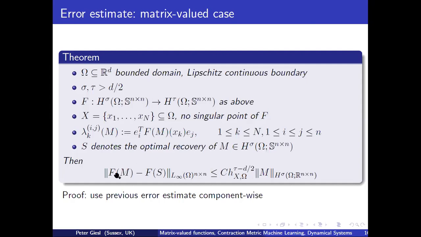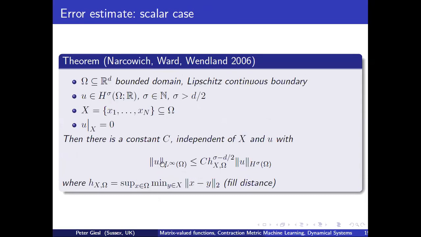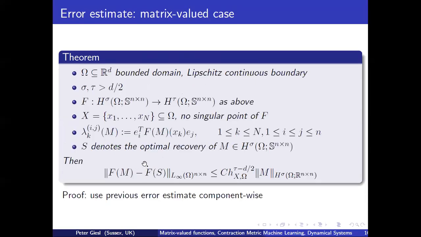And then we know that f of m minus f of s, so this is actually the quantity that was u in the previous slide, has lots of zeros because we interpolate f of m by f of s somehow. So this will be 0 at lots of points, basically at all the points x1 to xn. And the L infinity norm of this quantity, which is actually a matrix-valued function, is bounded by this quantity here.